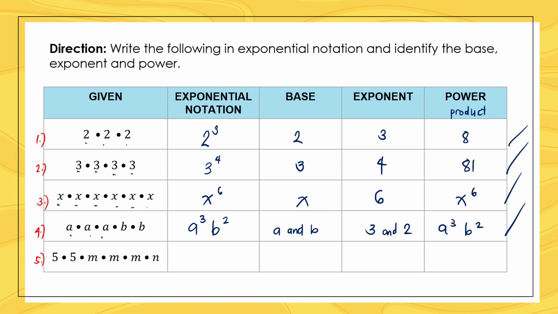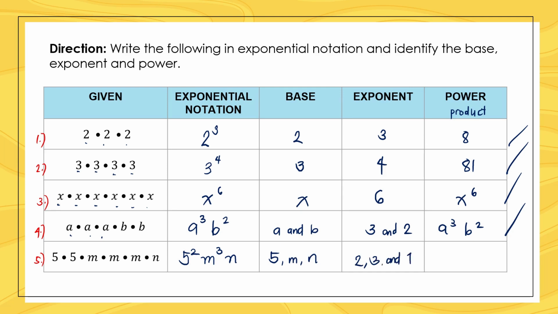5 times 5 times m times m times m times n. So the exponential notation for this is 5 squared m cubed n. So the bases are 5, m, and n. The exponents are 2, 3, and 1. Okay?